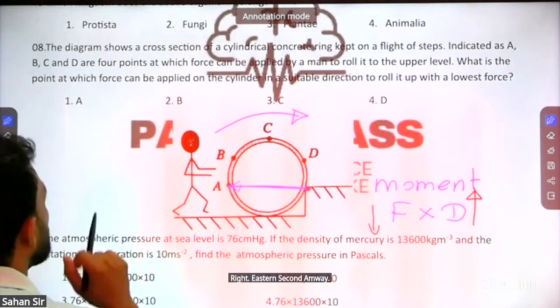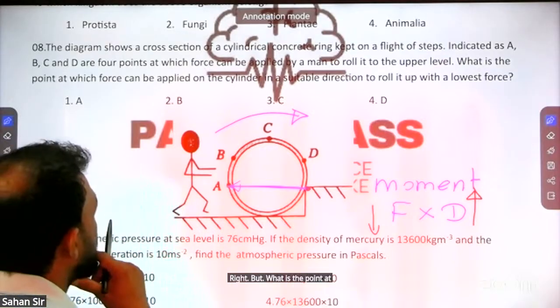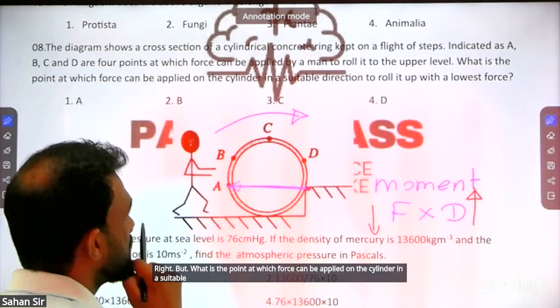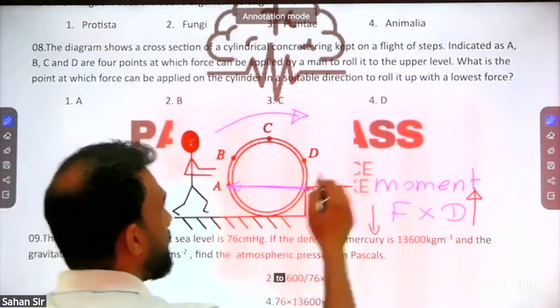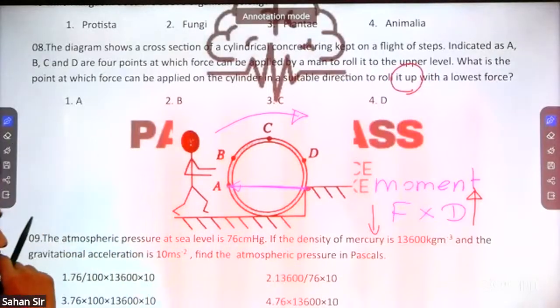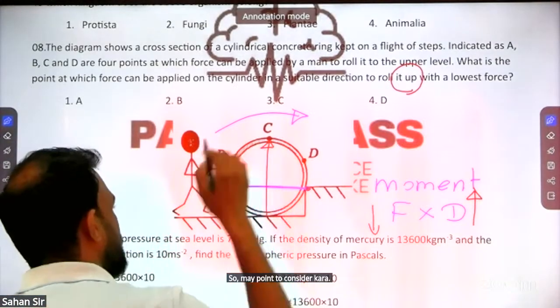What is the point at which force can be applied on the cylinder in a suitable direction to roll it up? So, මේ point එකද consider කරන්නේ මේ point එකද consider කරන්නේ.